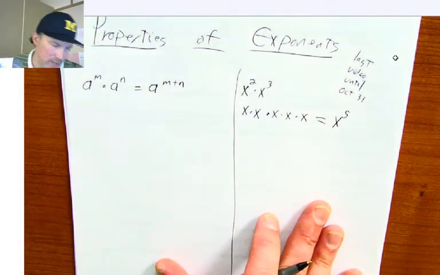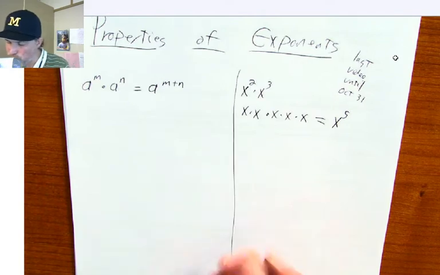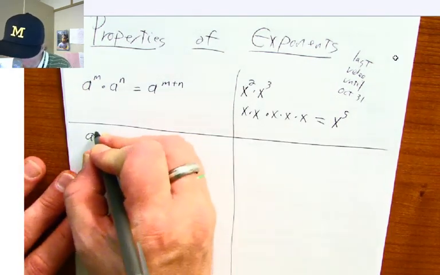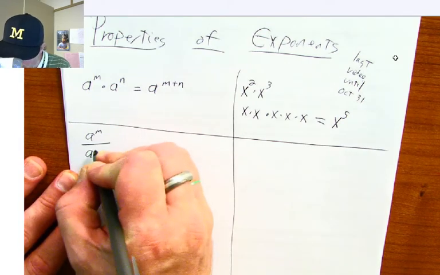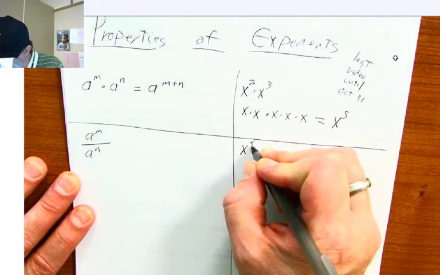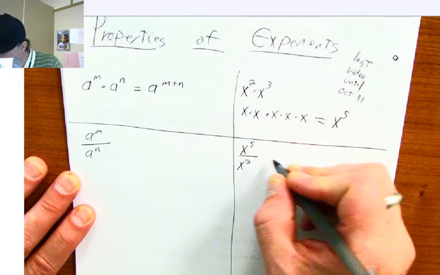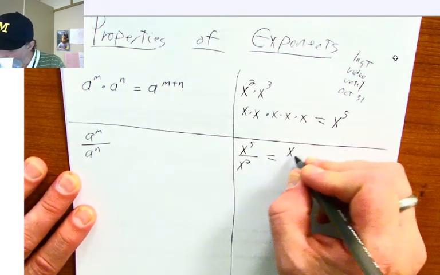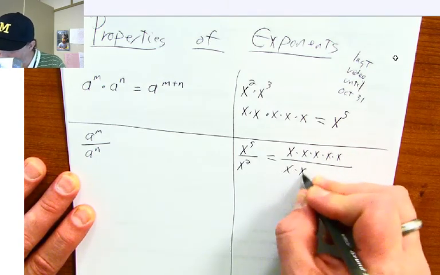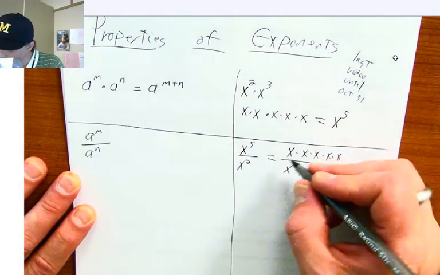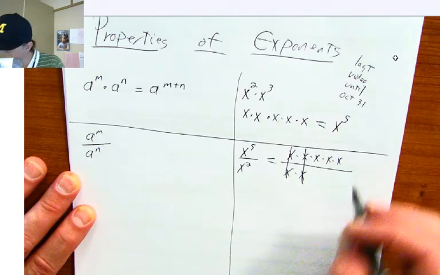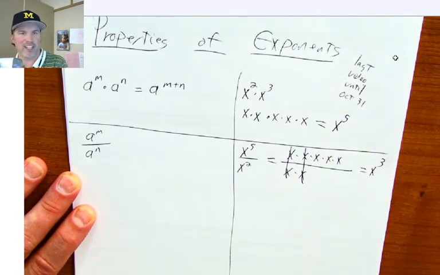That's the product property. Next is the quotient property, so using division. What if it's a to the m divided by a to the n? That would be something like x to the 5 divided by x squared. If we think about that, that's x times x times x times x times x divided by x times x. We have stuff on the numerator and the denominator held together by multiplication, so they cancel out, and you end up with x cubed.